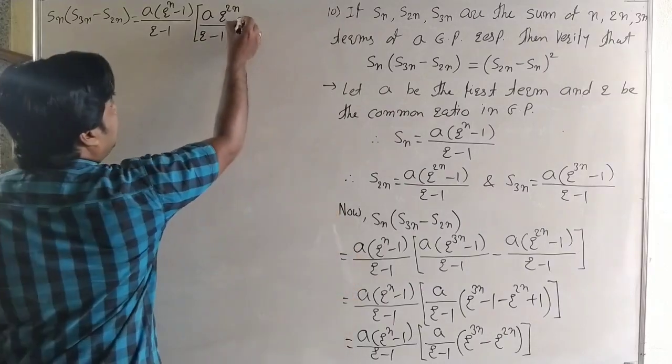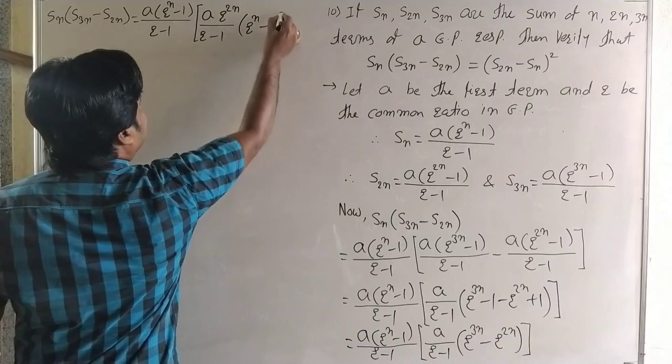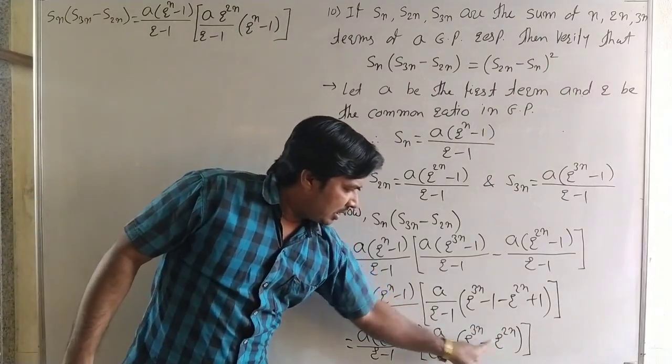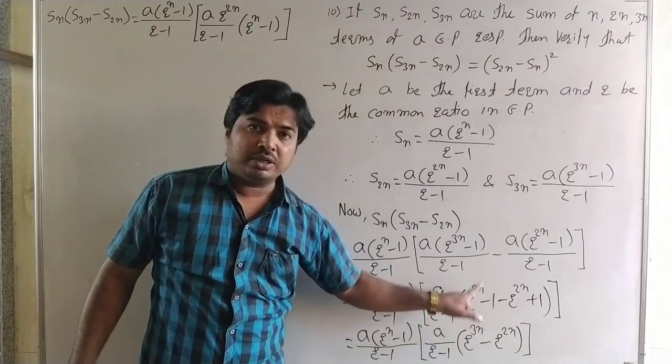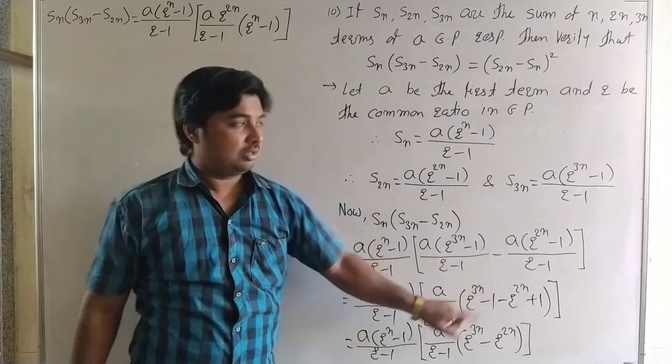Then in this bracket remaining it is R to the power n minus 1. When we take common R to the power 2n, here it is 1, and here remaining R to the power n.